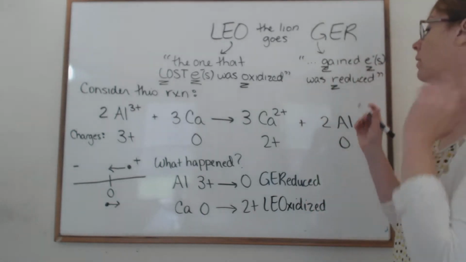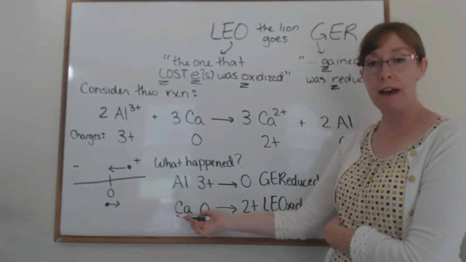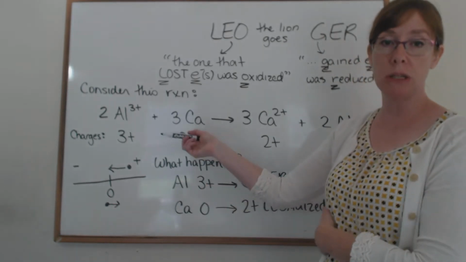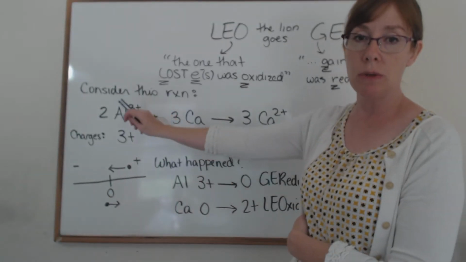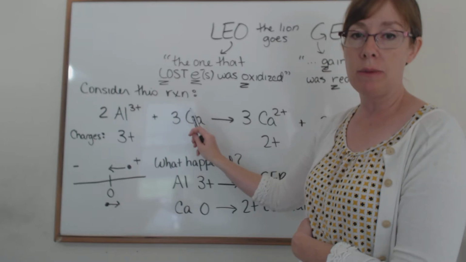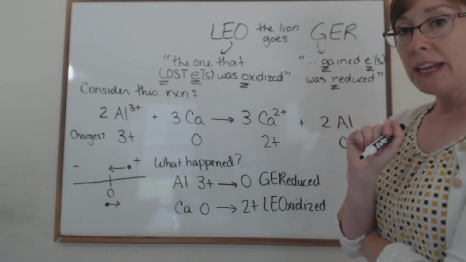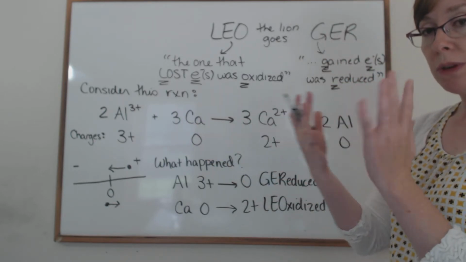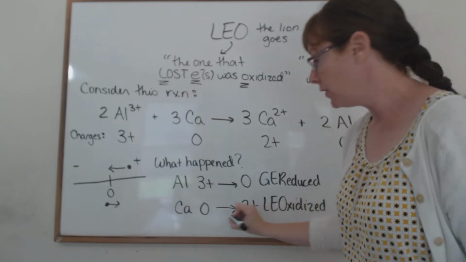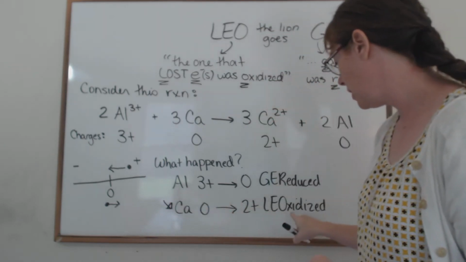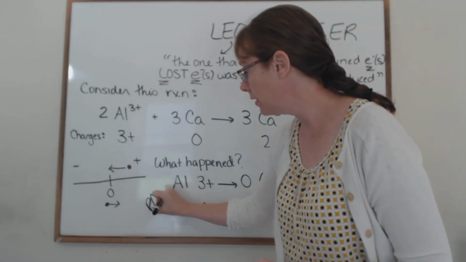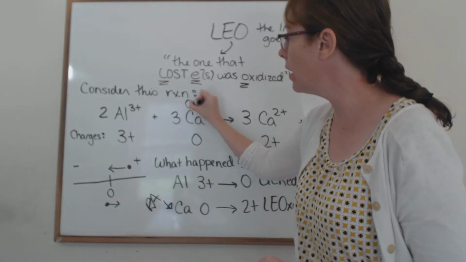Okay, so therefore we have the first part, identifying which species was oxidized and which was reduced. So he was reduced and he was oxidized. Now the agents: which one is the reducing agent, which one is the oxidizing agent? Just do a vice versa. The calcium is the reducing agent. So you could label it right here if you want.